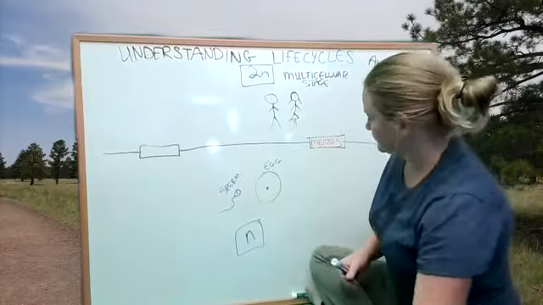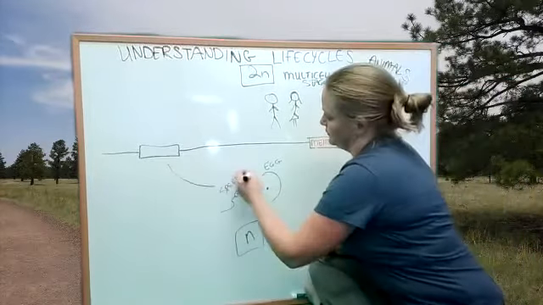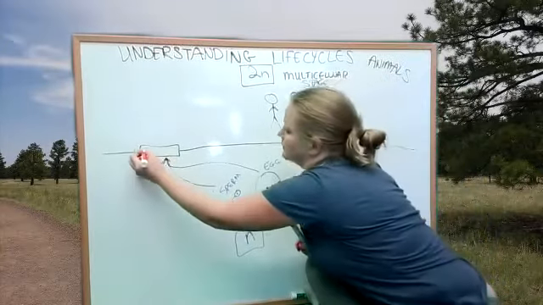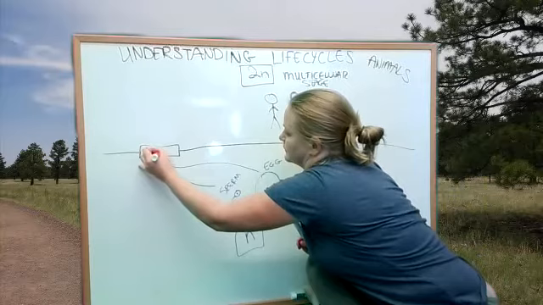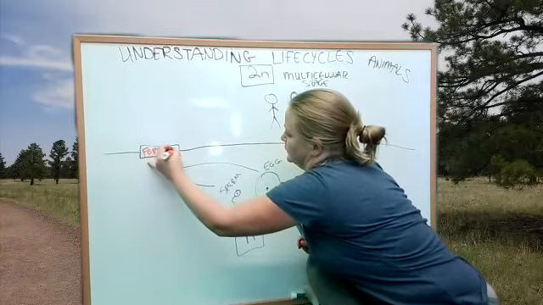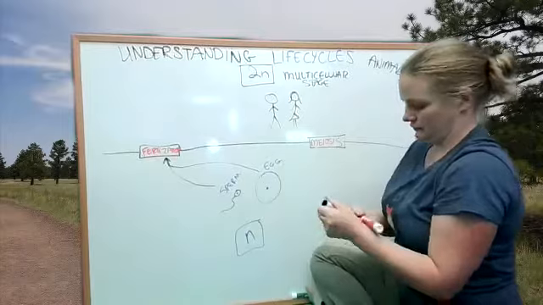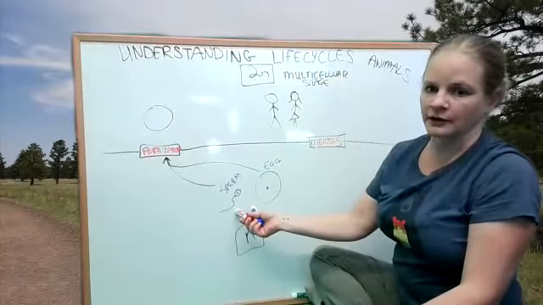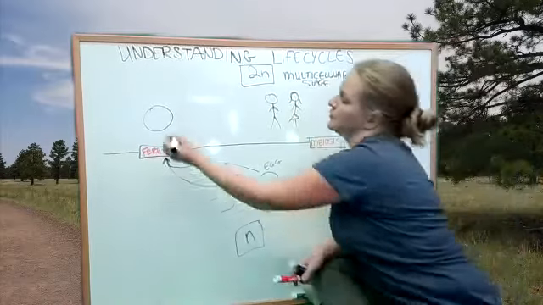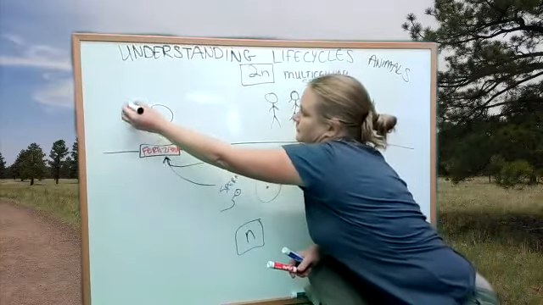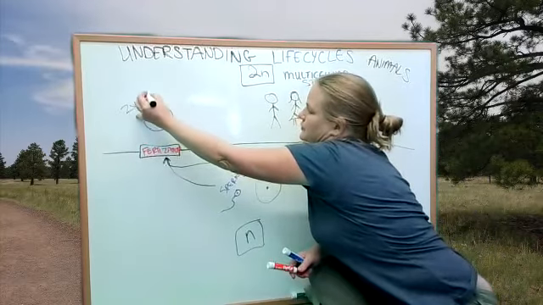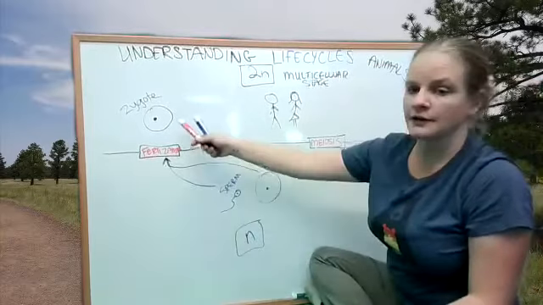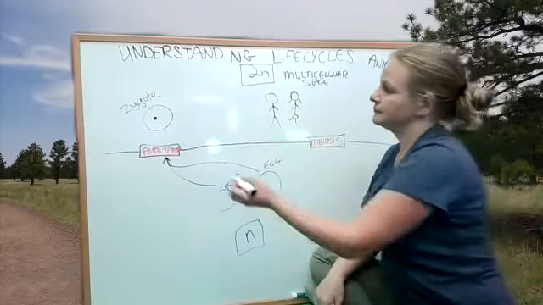And then the sex cells will fuse in the process of fertilization to make a cell that has one copy of the chromosomes from dad and one copy of the chromosomes from mom. It's a single cell. You used to be one. That's what we call a zygote. It's the cell that's created through fertilization.